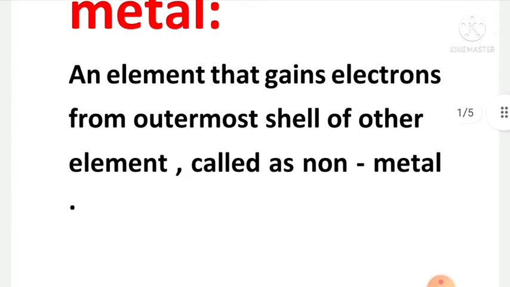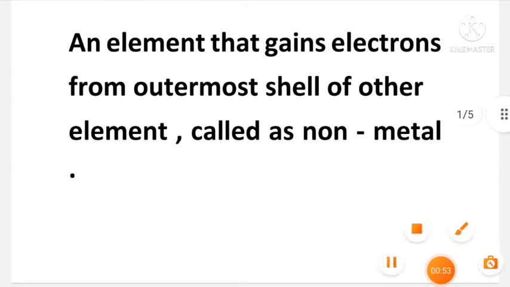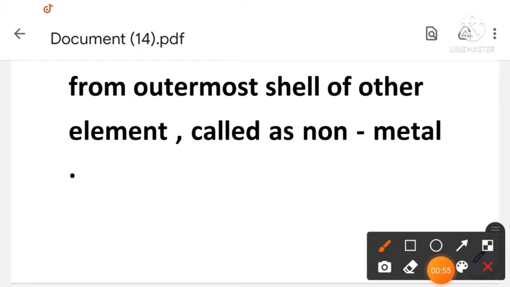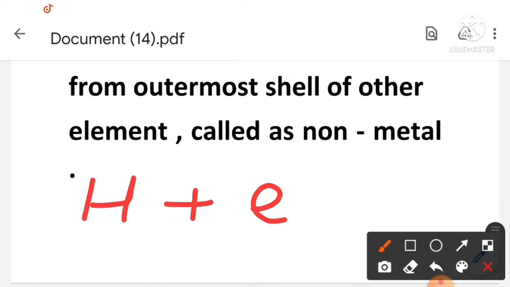Now here we take the example of hydrogen. We know that Z of hydrogen is 1, so the number of electrons in hydrogen is 1 and it gains 1 electron, so it gets H minus anion.